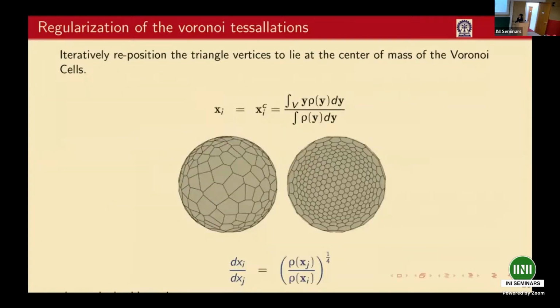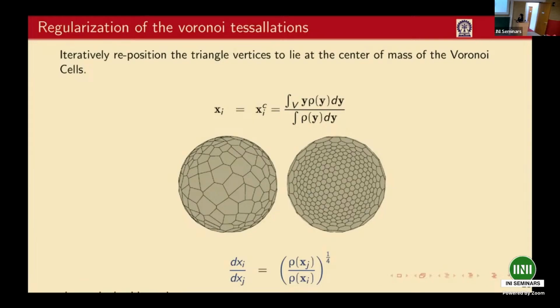And then there was a regularization of this Voronoi grid, and we can find the mesh density at a different location using this formula.